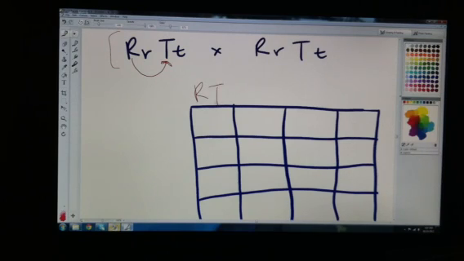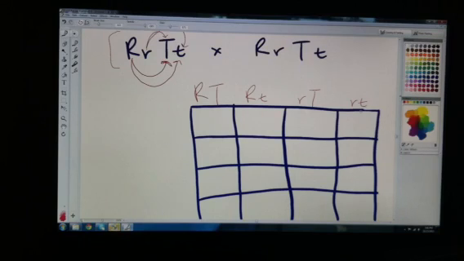That is possible. The same large R, though, because of independent assortment, could also end up with a little t. This little r could end up with a big T. That's possible in a gamete. And then the little r could also end up with a little t in a gamete.